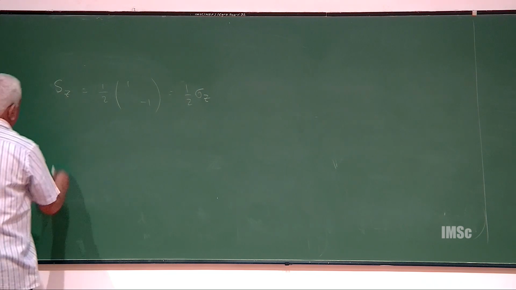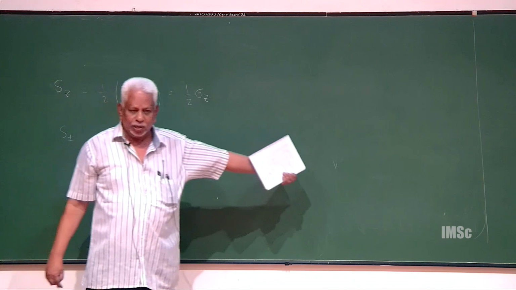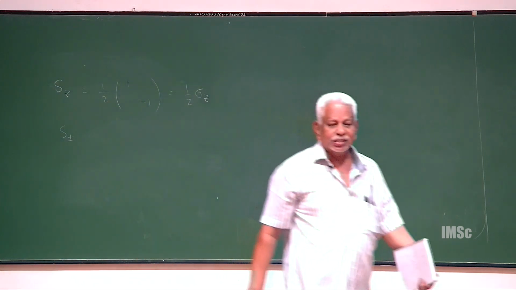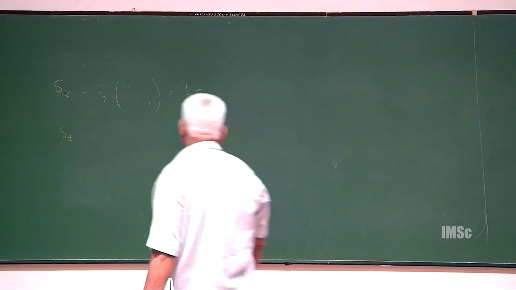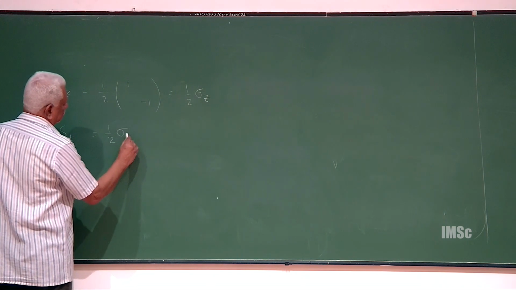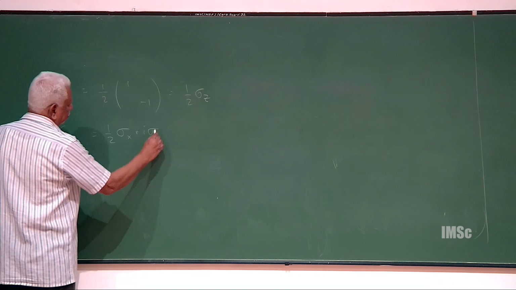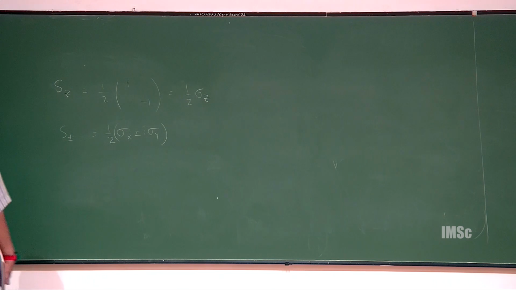Similarly, I can have S plus, S minus. I have given you the formula. What is L plus acting on this thing, right? From there you can work out what is S plus minus. That will turn out to be half sigma x plus or minus i sigma y. Now what is sigma x and sigma y?